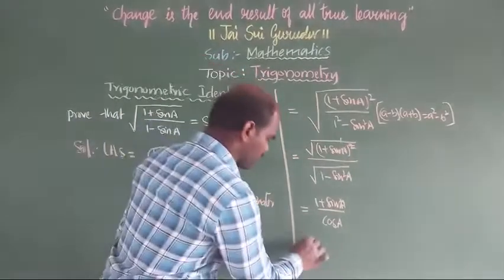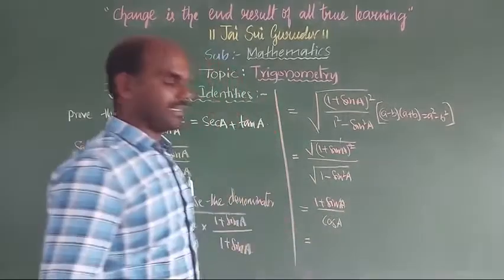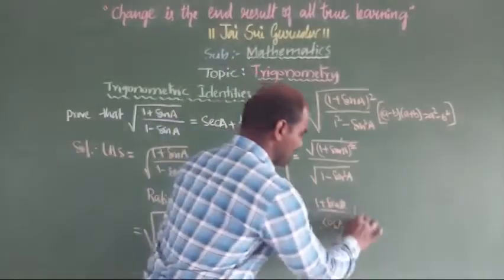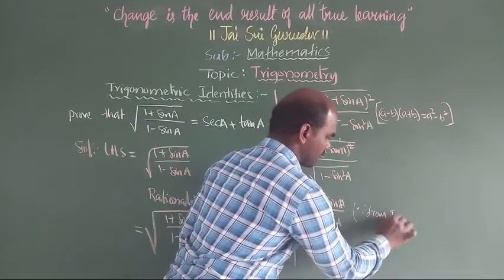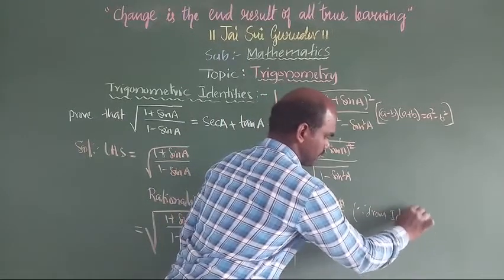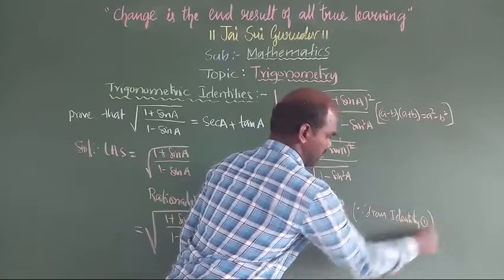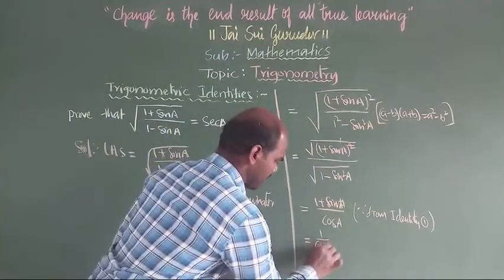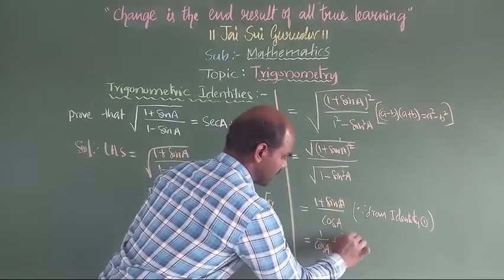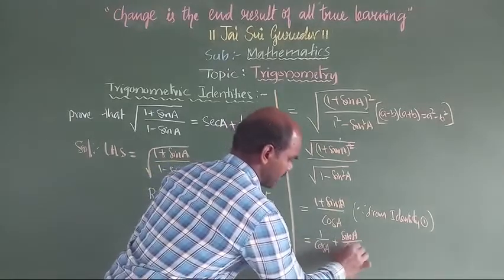So then what you have to do is separate the terms, from identity 1. Okay, so then that is 1 by cos a plus sin a by cos a.